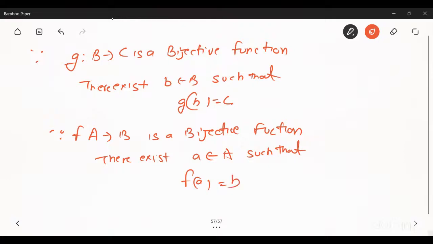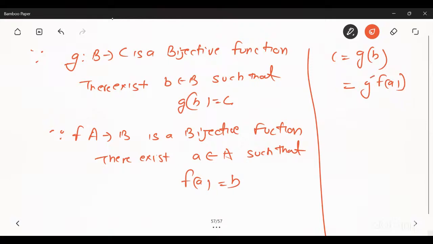Okay. Now we have taken c is equal to g of b. So b is f of a, so g of f of a equal to c.